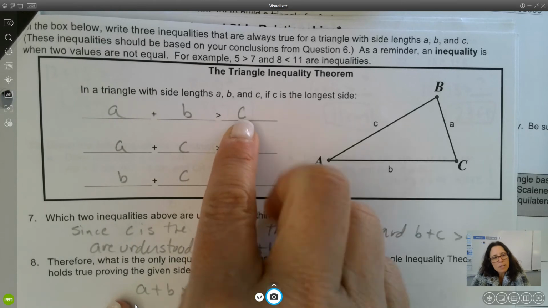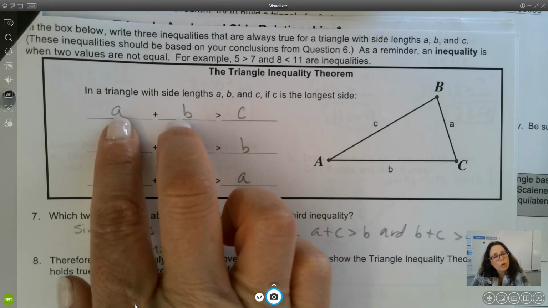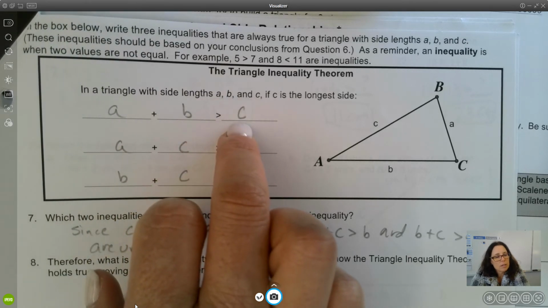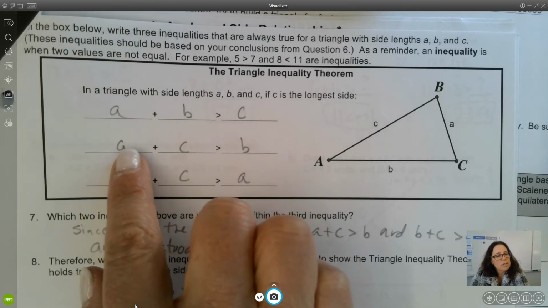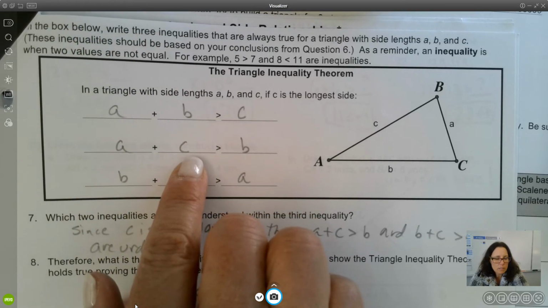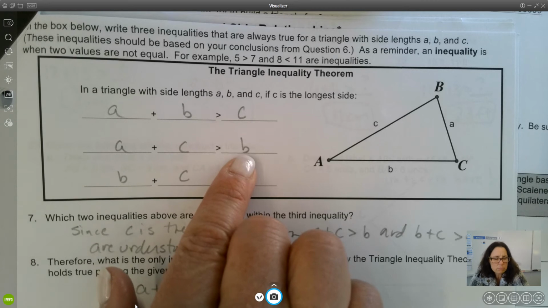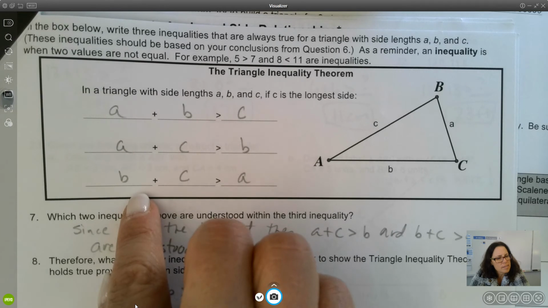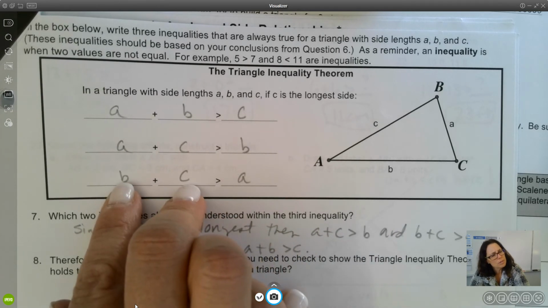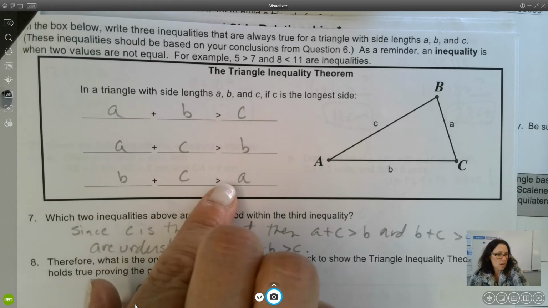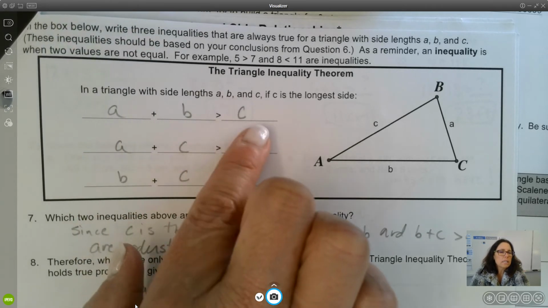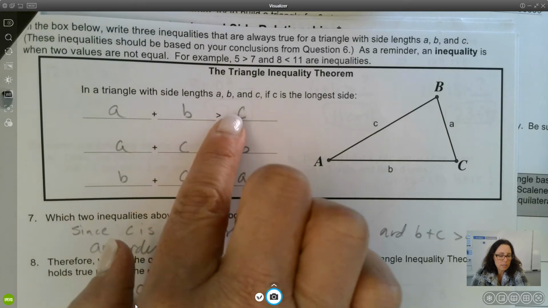Doesn't it make sense that you need to add the two smaller ones together and they need to be bigger than the longest? If you add the smallest and the longest, wouldn't that be bigger than the middle one? So that one is included inside that one. Same with this. If you added the two biggest, isn't that understood? It's going to be bigger than the smallest. So you really only need to check this one.